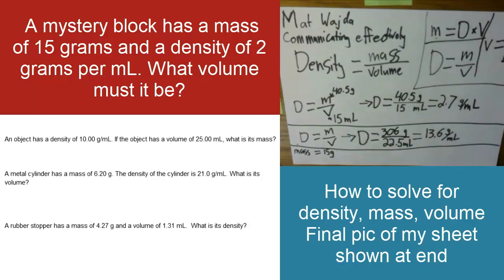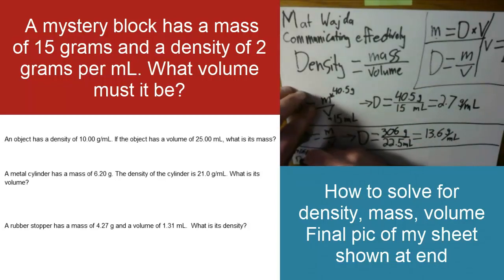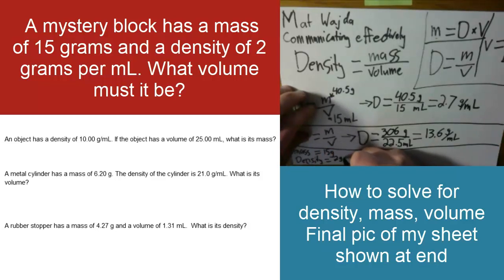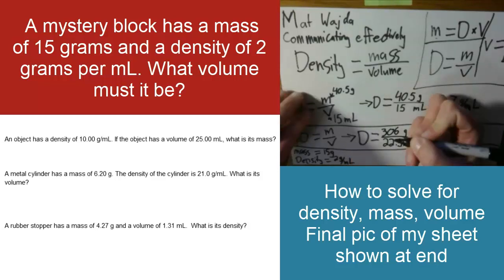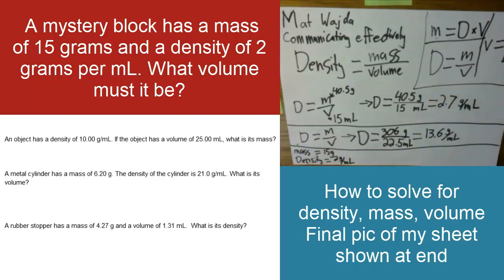This block, whatever you want to call it, weighs 15 grams, and we know that its density is 2 grams per milliliter. Okay, well, we're trying to find the part that's missing. So if we have mass and we have density, that means the only part that's missing is volume.